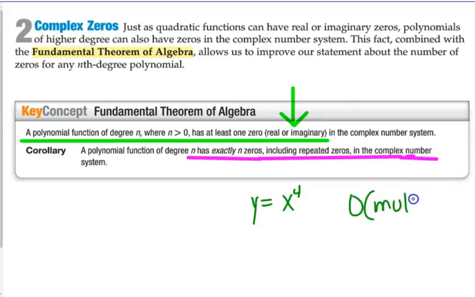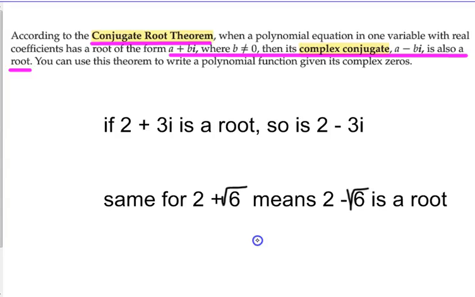It's 0 is the 0 of multiplicity 4. Okay, so that's considered 4 zeros. Eric? All right, if we had a y equals, I don't know, I'm just going to keep going here. We're going to run into some examples in a second.